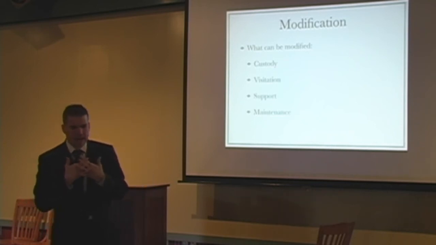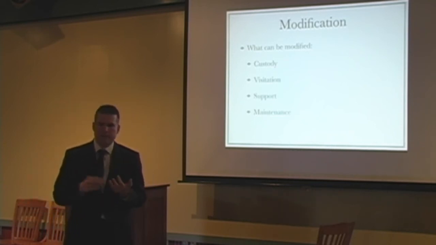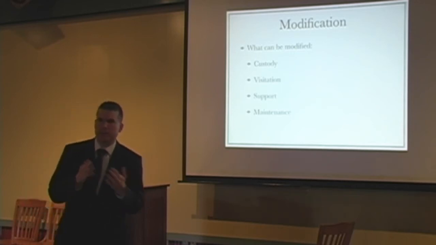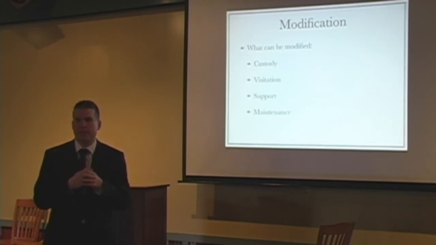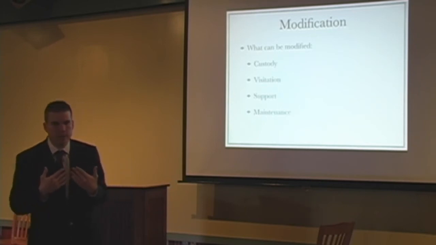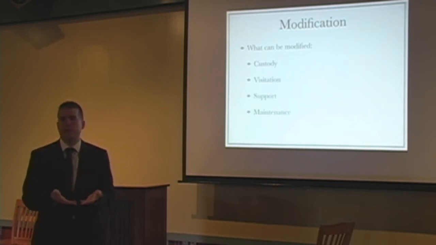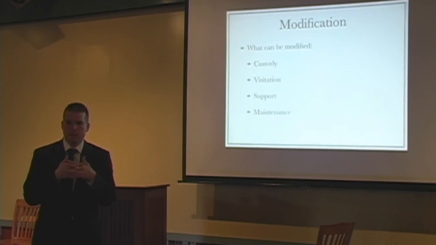Now, after a divorce is final, after a paternity judgment is final, custody, visitation, support, and maintenance, which is what we used to call alimony, all can be modified. And a modification is commenced by filing a motion to modify in the same court that handled your divorce or your paternity.